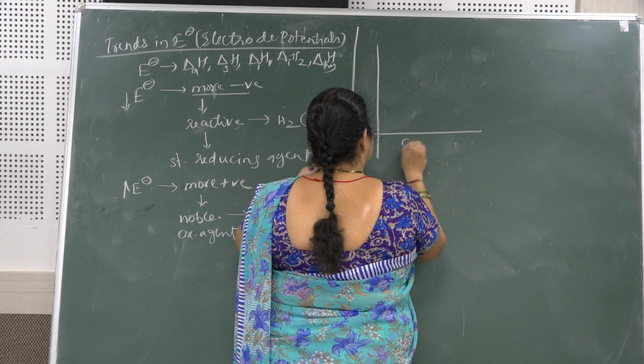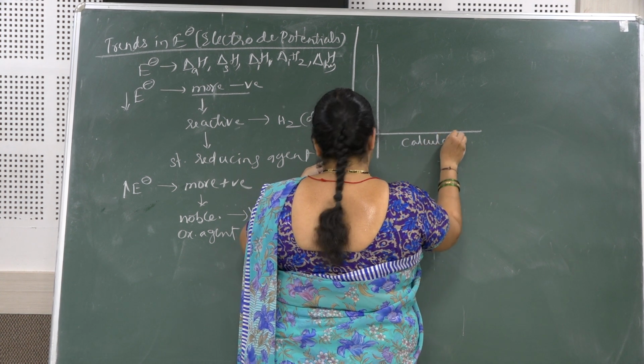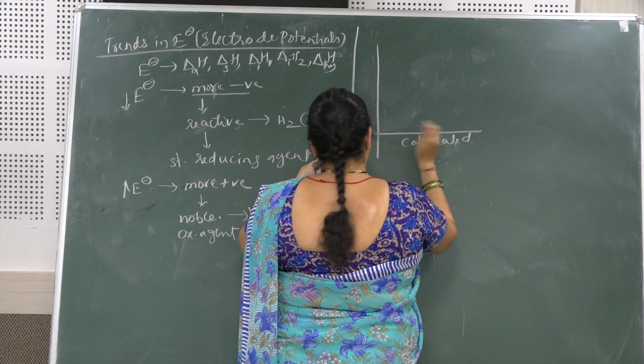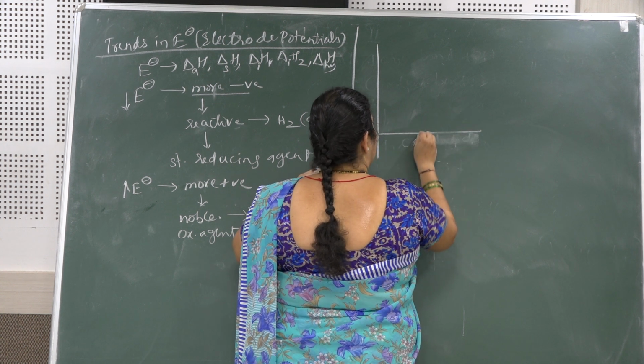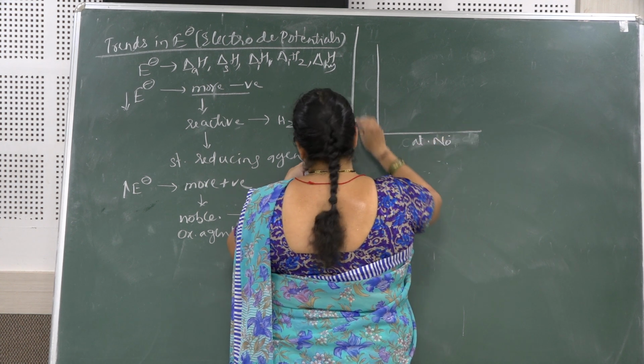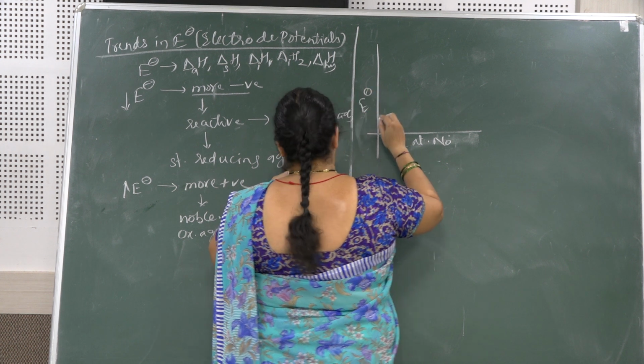Here are the calculated electrode potentials. Atomic number is along the x-axis and electrode potential along the y-axis.